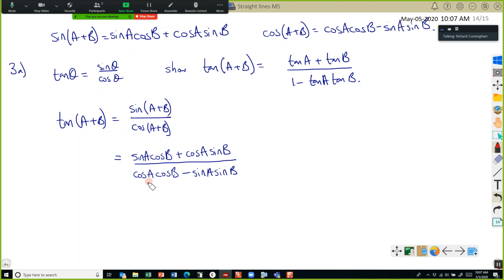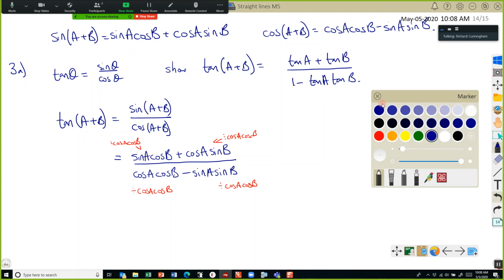Yeah, if I divide every single term by cos A, cos B, I'm going to divide that by it, that by it, and this by it. So I'm dividing everything by the same thing, so I'm not changing it.